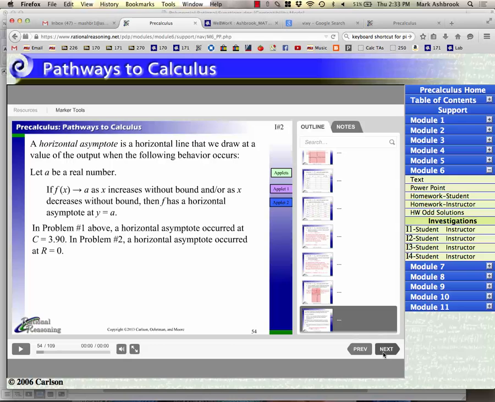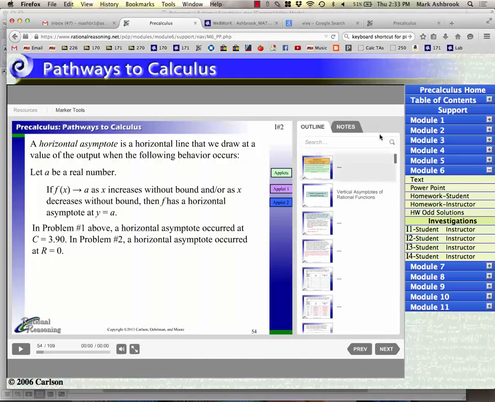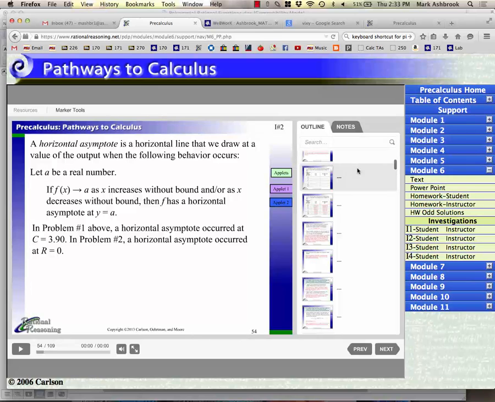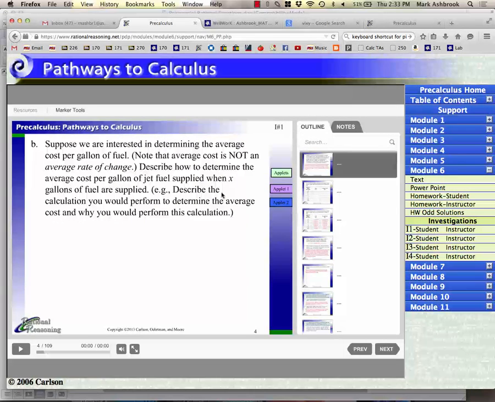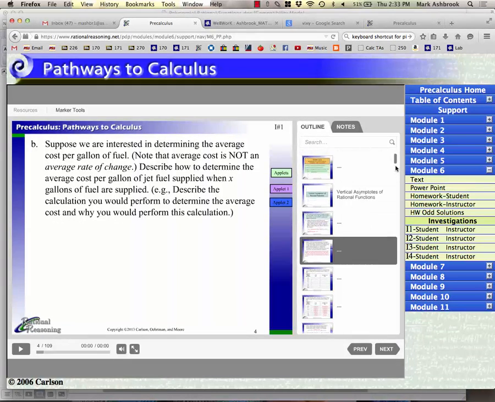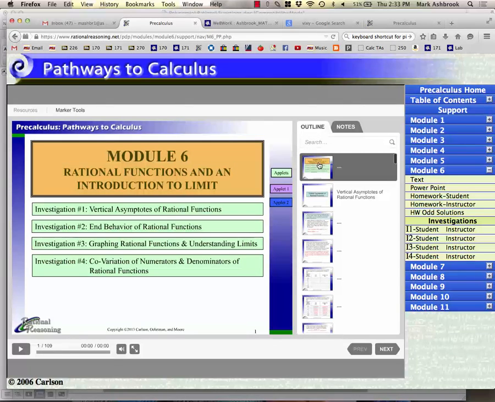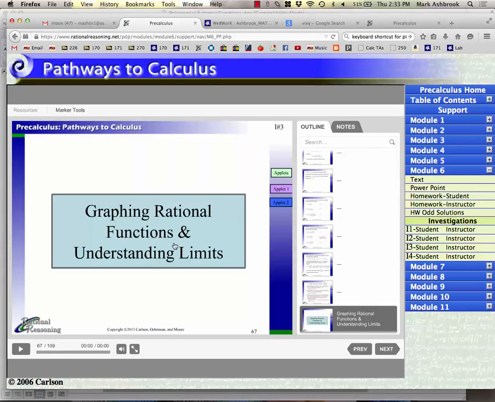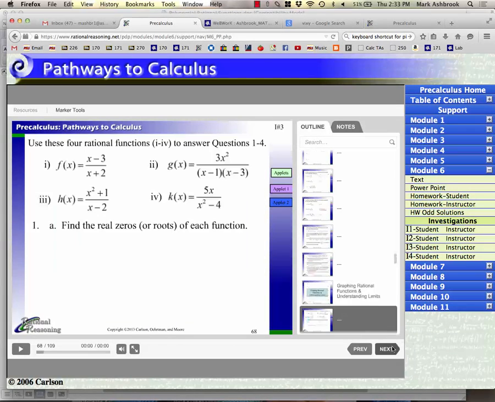Just give me a... Here we go. Investigation 3, number... Do those 4 show up? Investigation 3, did you see those 4 in your book?